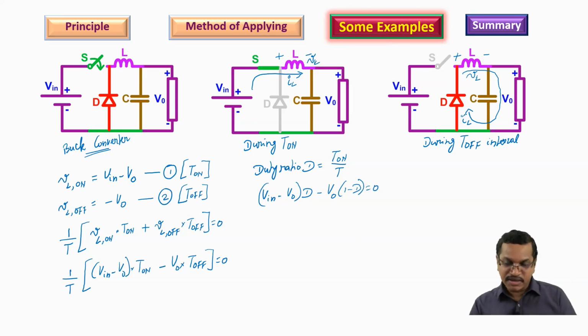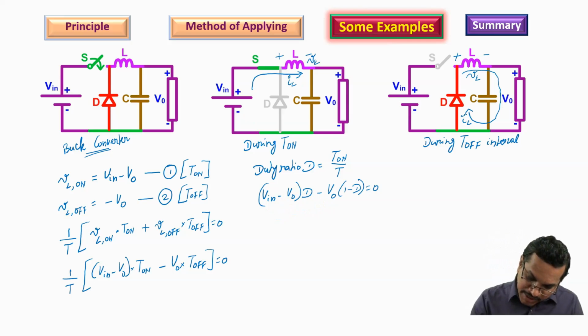Now I rearrange this. I'll have V in into D minus V naught into D minus V naught plus V naught into D, that will get cancelled. So I will have V in into D on one side and minus V naught on the other. If I transfer to the other side, I will get V naught by V in, which is the voltage gain. This will be equal to the duty ratio D upon simplifying.